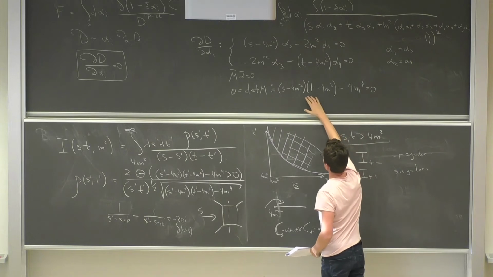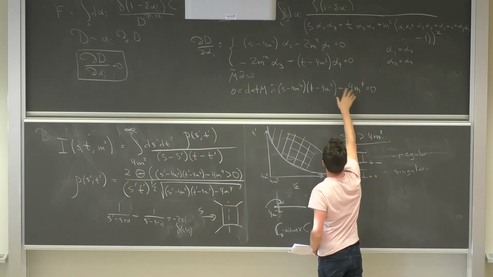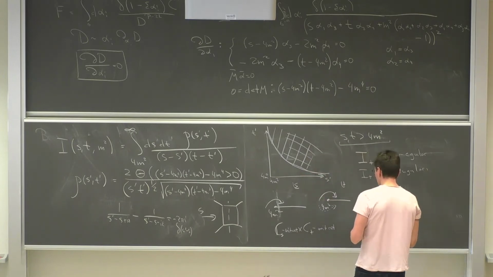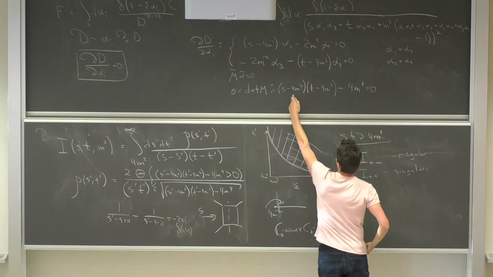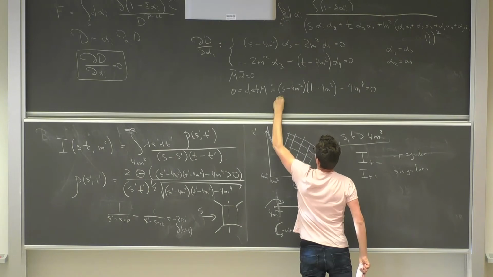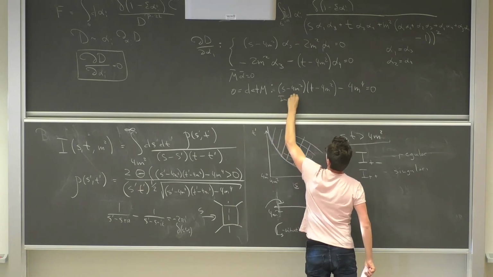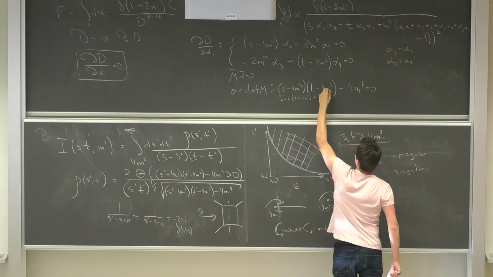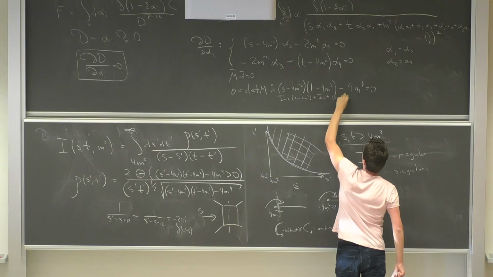In which direction, as we make S and T complex, does the surface go? Let's say we start on the complex surface and we make S a little bit imaginary. So we'll have imaginary S times (T minus 4m squared) plus imaginary T times (S minus 4m squared).